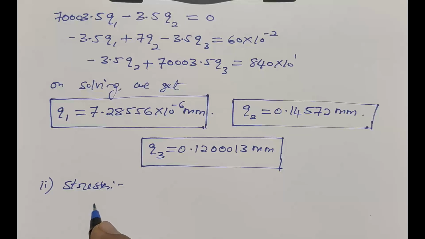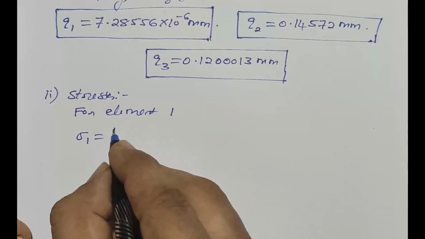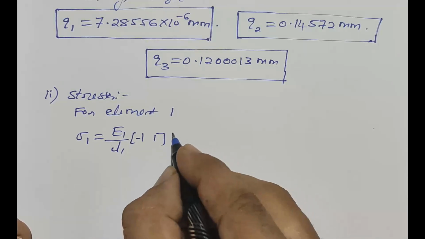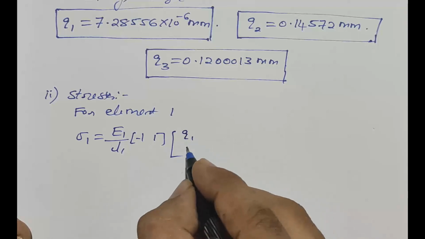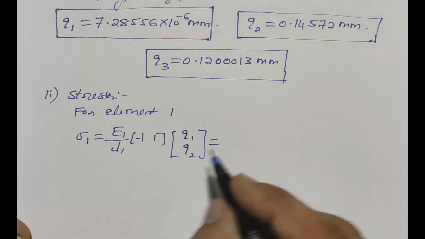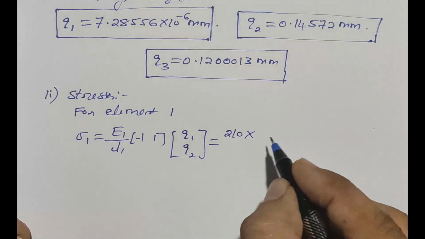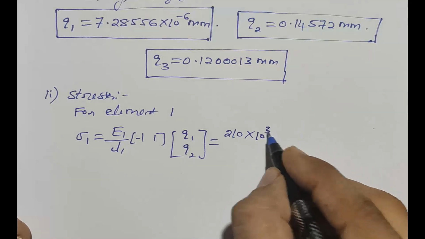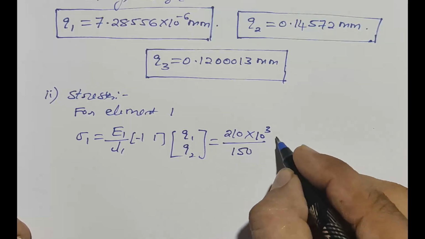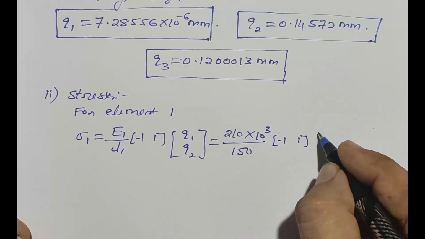We have the formula for element 1. Sigma 1 is equal to E1 by L1 minus 1 1 Q1 Q2. We will substitute the values. E1, it is 210 into 10 power 3 by L1, it is 150 minus 1 1.